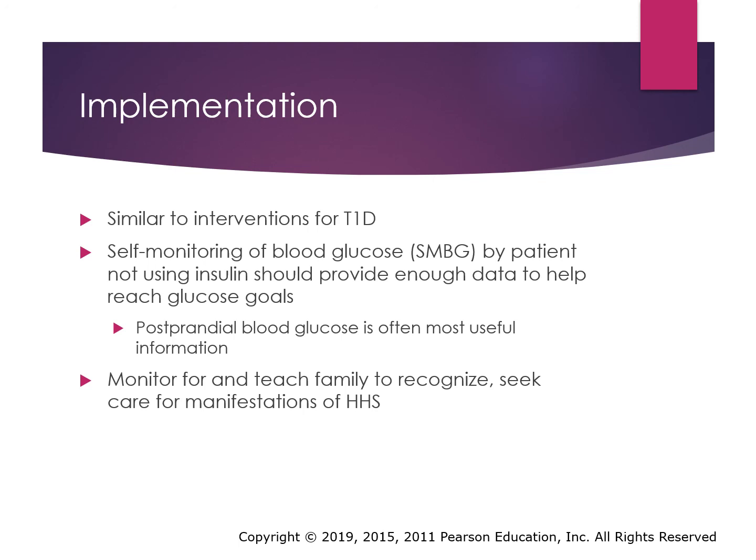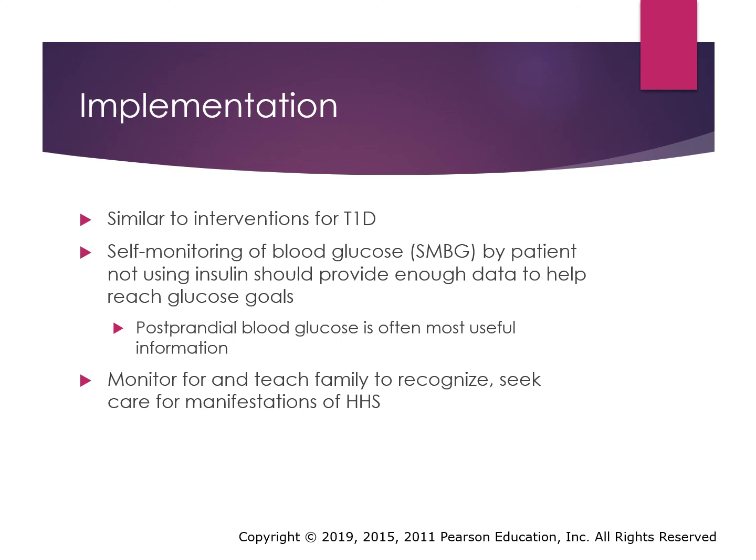The interventions are similar to type 1, and there were multiple listed in that chapter. Teach them self-monitoring of their blood glucose, how to do a fingerstick blood sugar, and what the ranges are. Remember, your book said 70 to 110 was normal range. And teach the family also to recognize the signs and symptoms of this hyperosmolar condition.